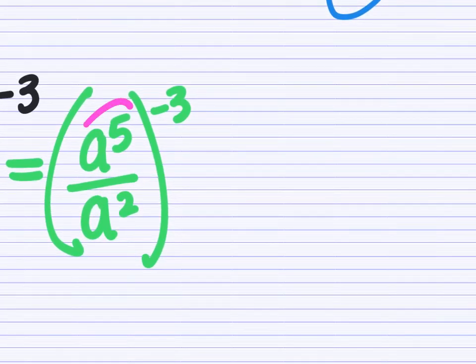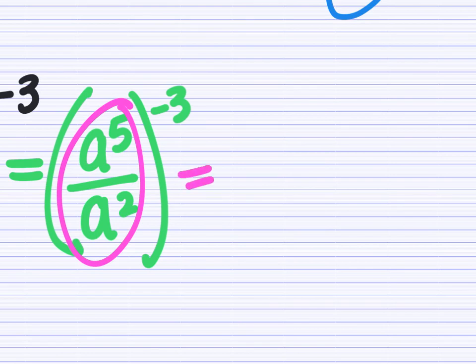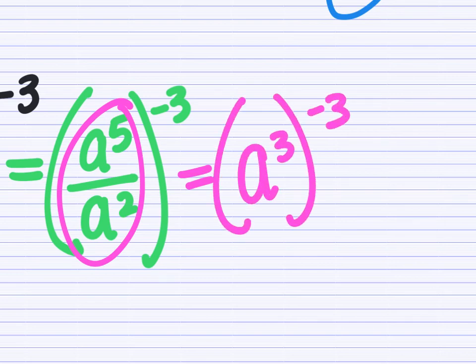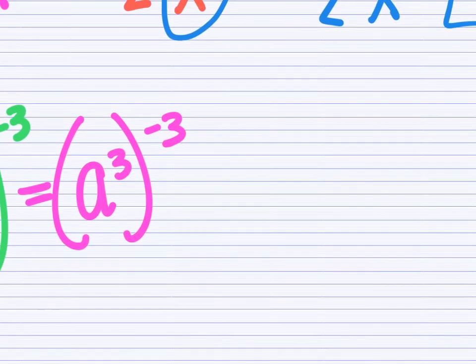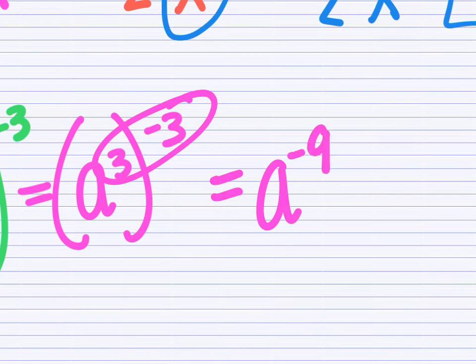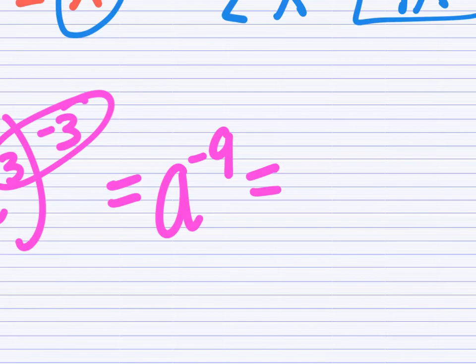Now I have division of exponents, so a to the 5th over a squared will give me a to the 3rd raised to the negative 3rd power. Multiply, because I have power to a power, I get a to the negative 9th. We're not allowed to have a negative exponent, so that becomes 1 over a to the 9th.